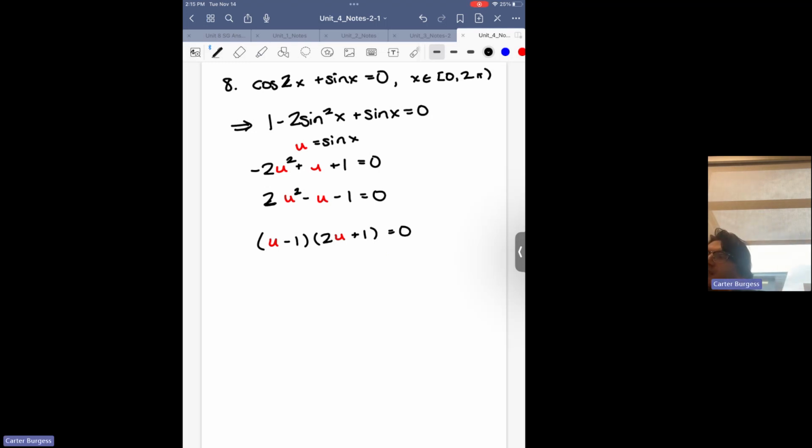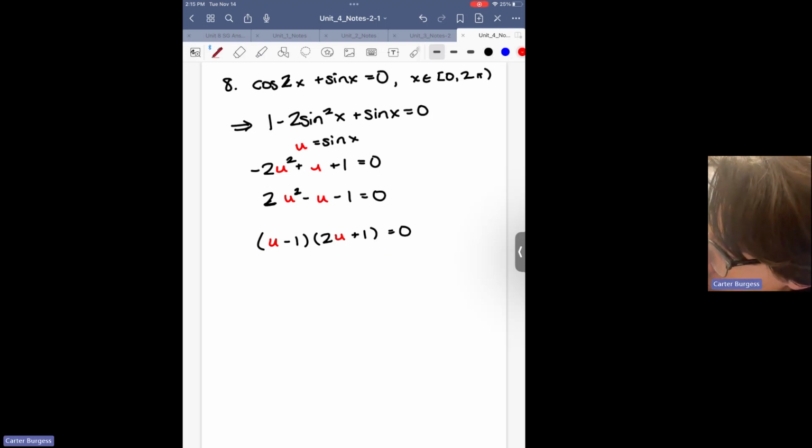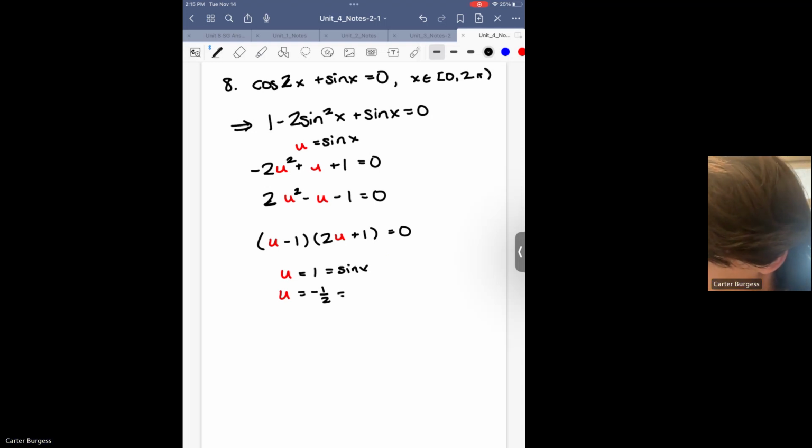Switching the colors was messing me up. So the two values of u that we get, I get that u should be equal to 1 and -1/2, but really these are both just sine.